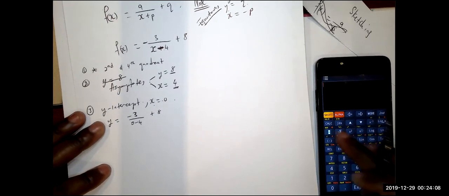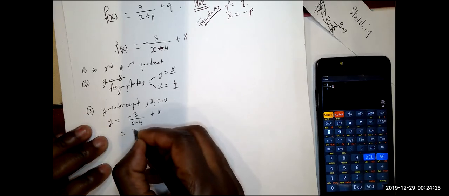Negative 3 over negative 4, plus 8. What do we get? We get 35 over 4. That's our answer there, and in terms of decimal it is 8.75.